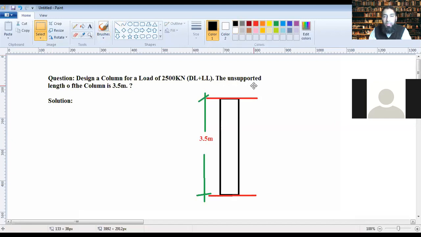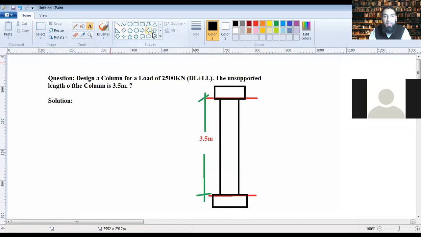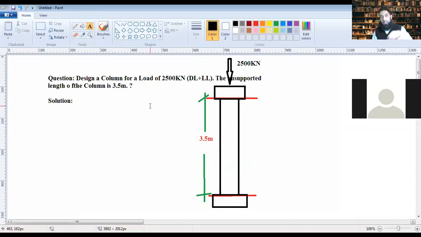The support can be anything over this at the top, and there can be another support at the bottom. This does not include this support. Then there is a load on this column, and this load is 2500 kilonewton. This is both dead load and the live load that's acting on this column.